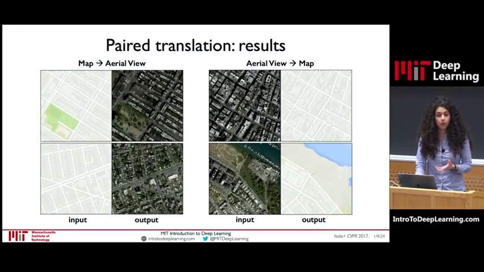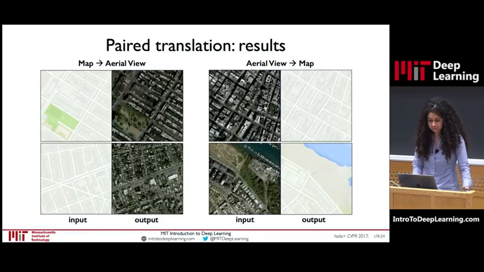A very common way that this is employed is in looking at maps and in translating between, let's say, a map view and an aerial view of an image, and vice versa.